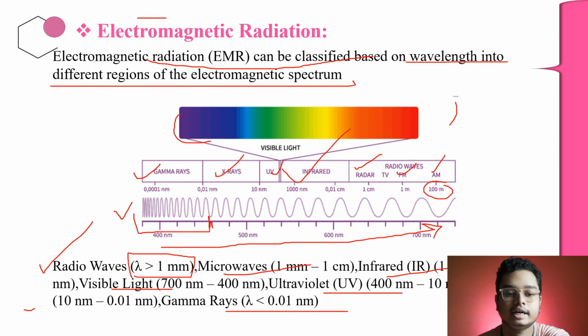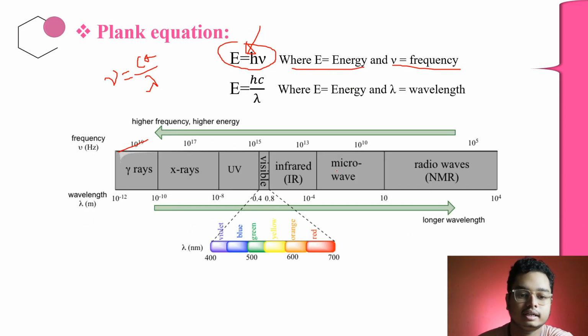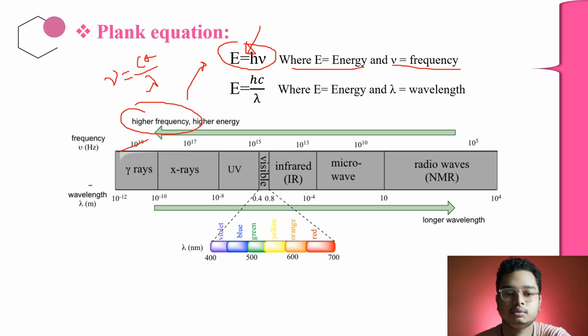If we check the electromagnetic radiation spectrum again, we find that X-rays and gamma rays have the higher frequency, which means they contain higher energy, as we can see from the Planck equation. Also, energy and wavelength have an inverse relation, so higher energy means lower wavelength.